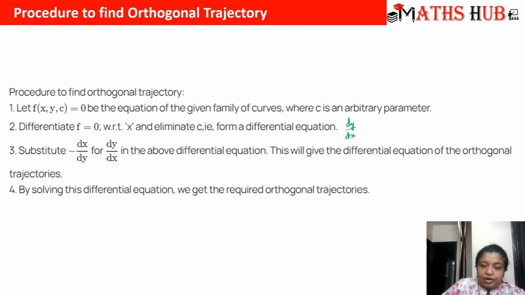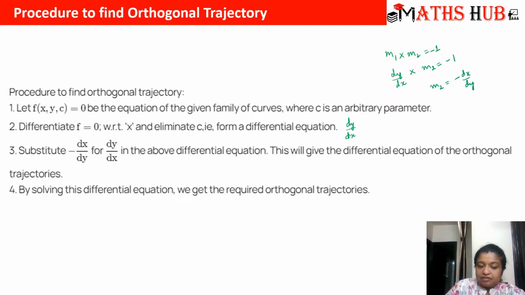Why so? We know that when two lines are perpendicular, the product of their slopes is always equal to minus 1. The slope is the derivative, right? So suppose I know the first slope is dy by dx and I want to calculate the second slope, how will I calculate m2? m2 is minus dx upon dy, right?